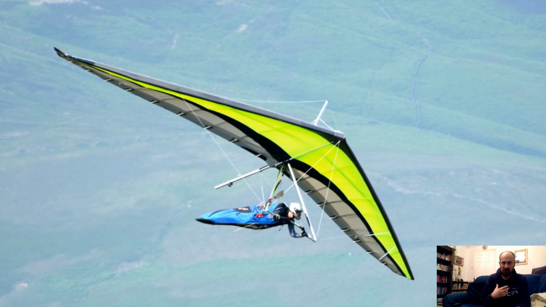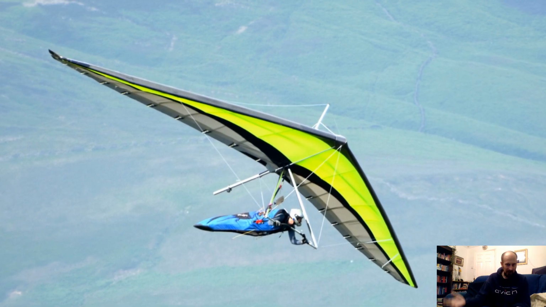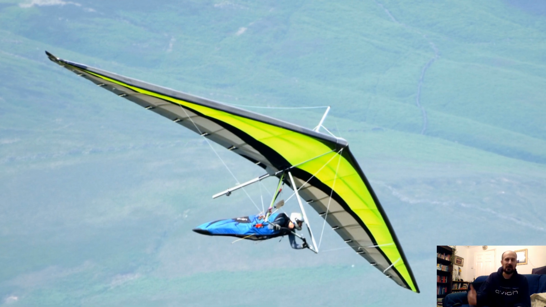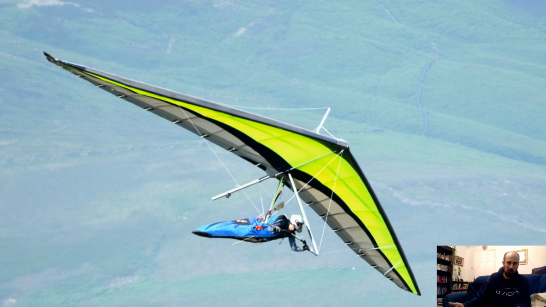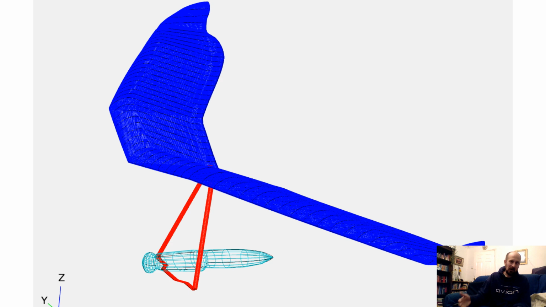And it's not me that did this bit of the work. So this is someone else, and I'll hopefully introduce him in another video. But it is possible fundamentally to come up with a design that gives you a perfect lift distribution and also pitch stability at the same time on a flexible wing.